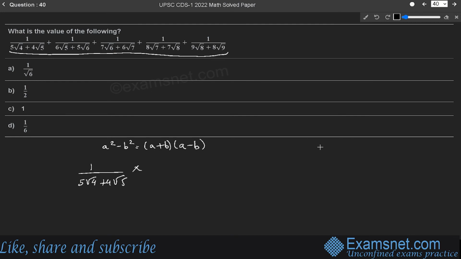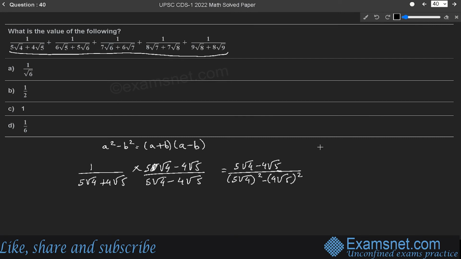Now rationalizing the denominator, it will be 5 under root 4, it is 5, minus 4 under root 5 upon 5 under root 4 minus 4 under root 5. It will be equal to 5 under root 4 minus 4 under root 5 upon 5 under root 4 whole square minus 4 under root 5 whole square.